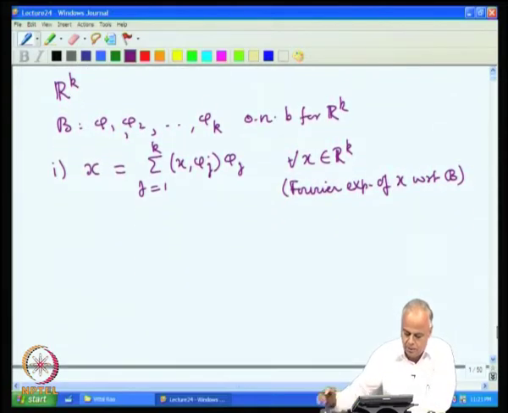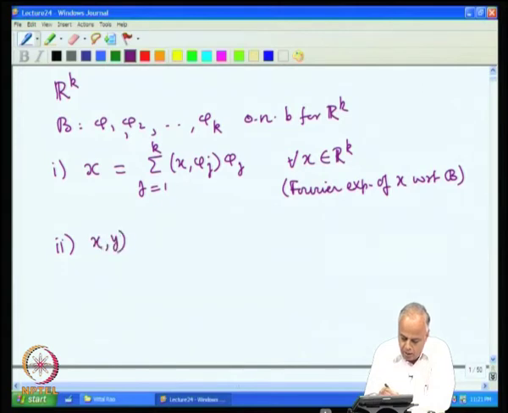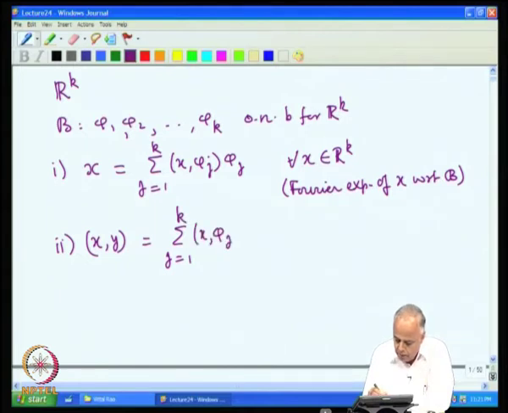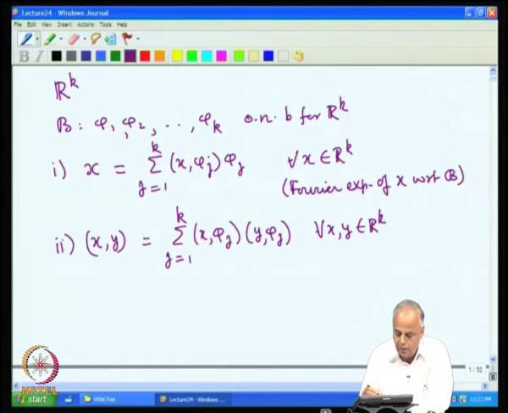orthonormal basis B. Then we found that the inner product x comma y is the summation j equal to 1 to k of x comma phi j times y comma phi j for every x, y in R k, and this was called the Plancherel's formula.